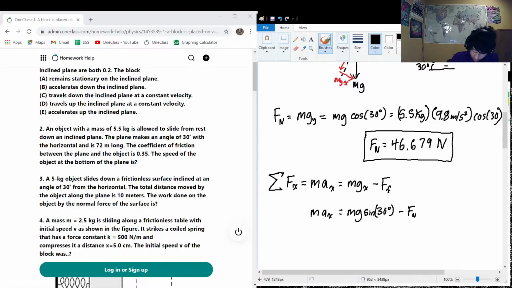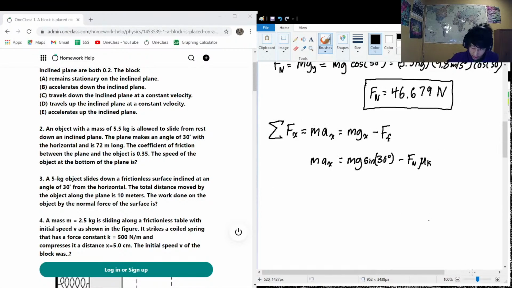So it's going to be Fn multiplied by mu k. Okay, what we want to do now is just sub in these numbers. So max. Actually, we need the force, not the acceleration. But yeah, we can keep writing it like that.